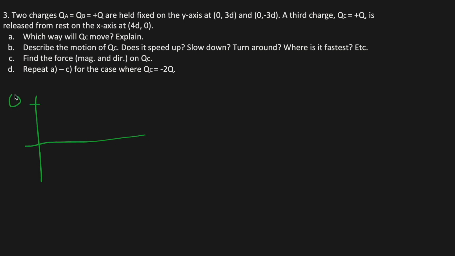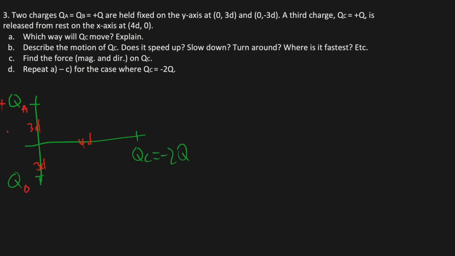Here is QA. So I'm just gonna write Q here. And here is also Q. Here's QC. And QC is equal to negative 2Q. And we know here has a distance of 3D. Here has a distance of 4D.